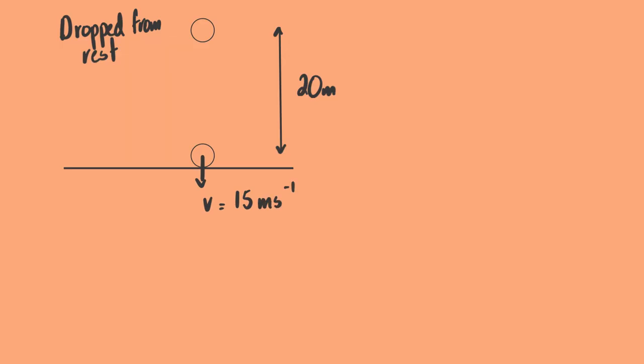This is very similar to the last one, only this time it is dropped from rest and not thrown up. The question is the same: find the magnitude of the average frictional force or air resistance acting.